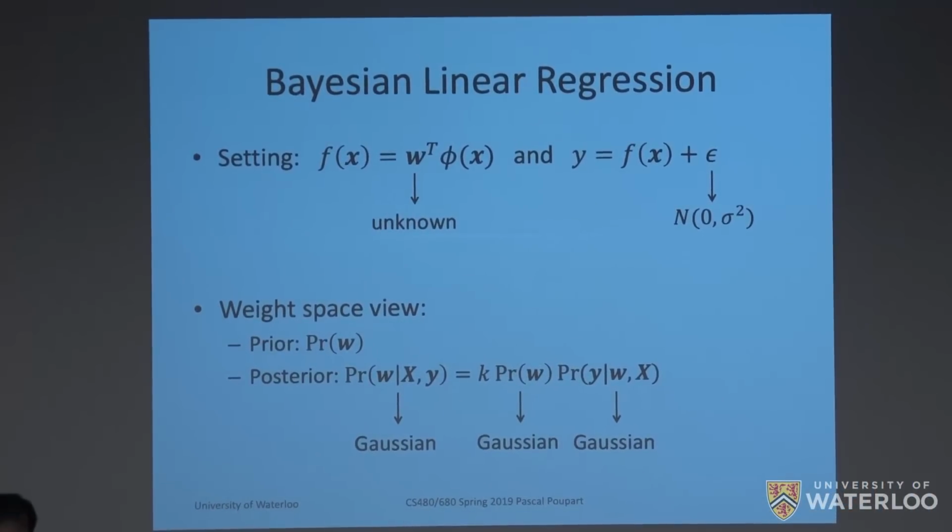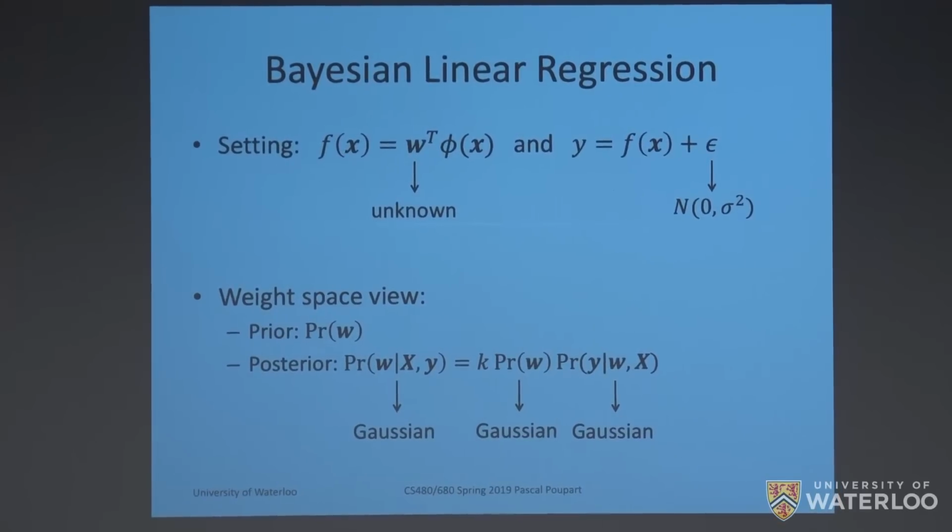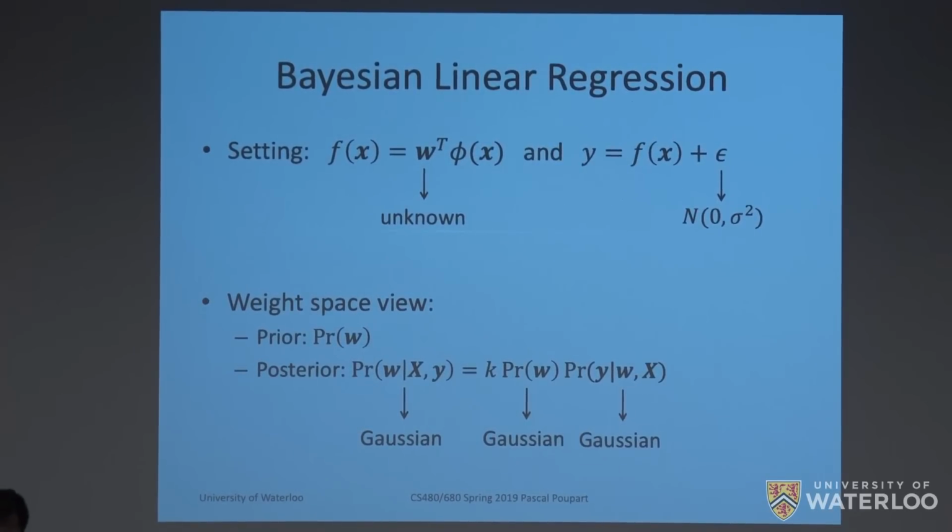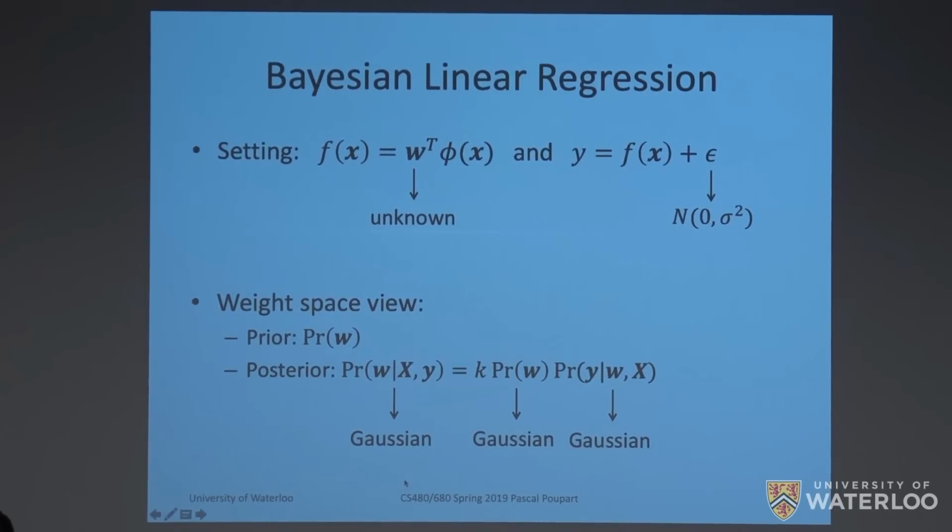Okay, so if we go back to Bayesian linear regression, if you recall, when we work with Bayesian linear regression, we assume that the function f was essentially given by a linear expression w transpose phi of x, where the output f was perturbed by some noise epsilon.